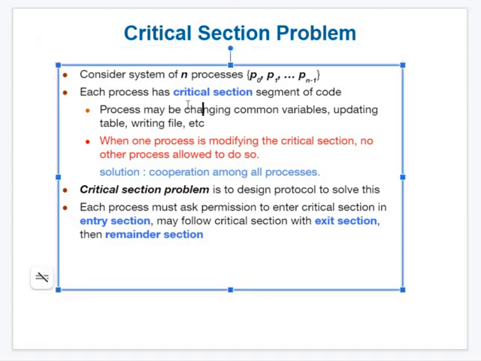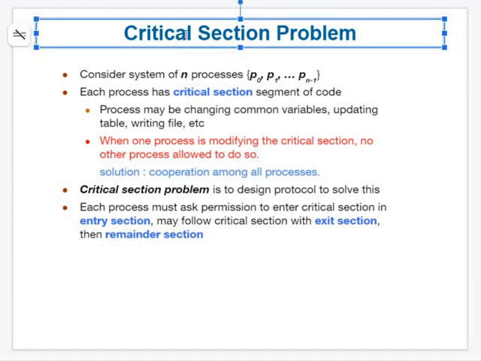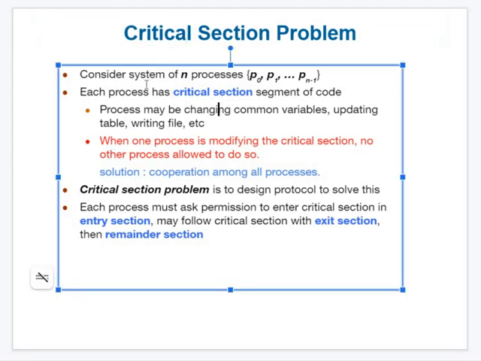Now, why should we first concentrate on critical section? Very simple: there will not be only one process, there will be multiple processes, n number of processes, and 99% of the time they share resources.